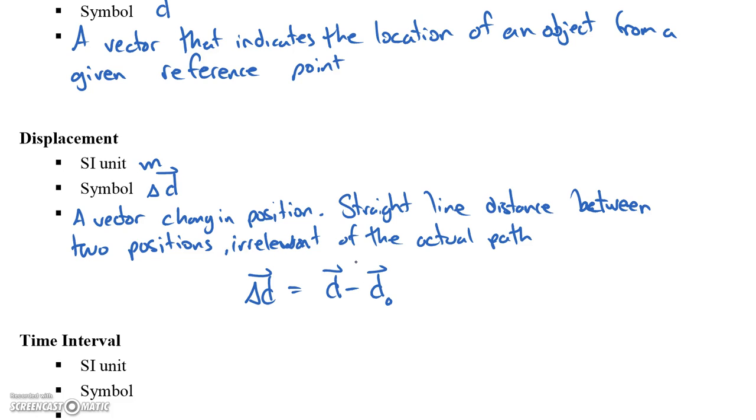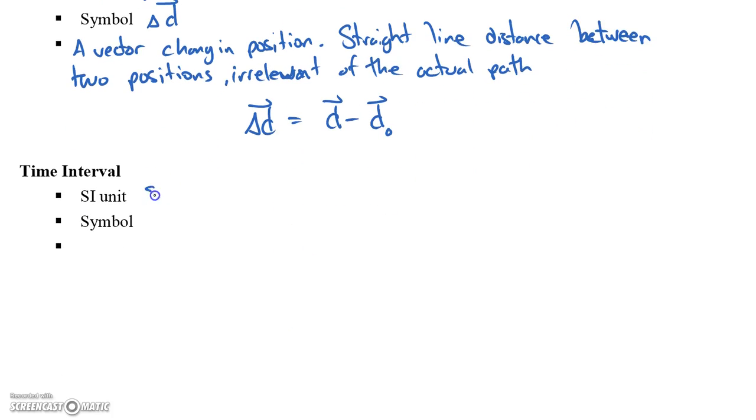Time interval, SI unit, seconds. So it is not minutes or hours, it is indeed seconds. Time interval symbol, delta t, and we'll define it as the length of time. I know we shouldn't use time in the definition, but it just fits, and I think it's something we all understand.